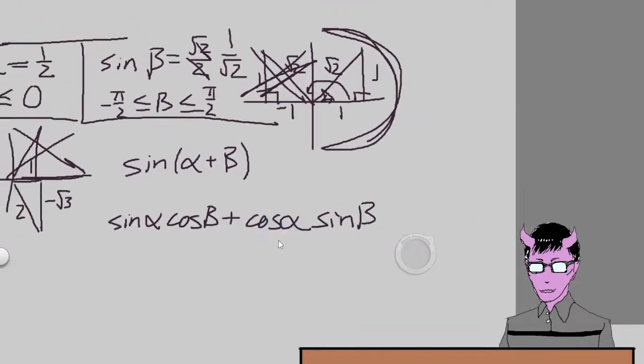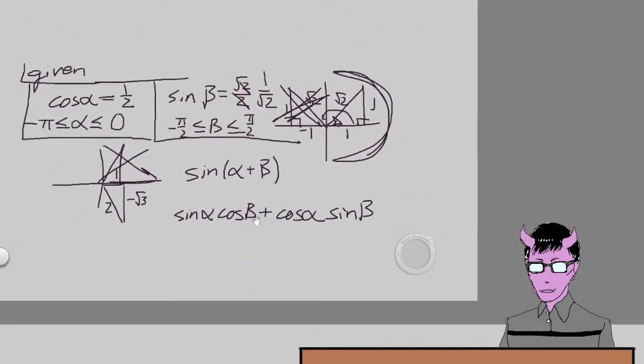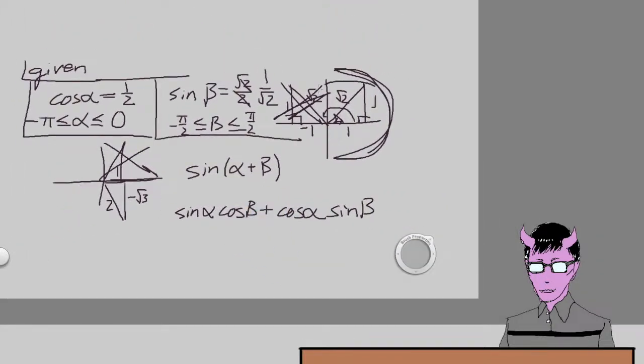And of course we already sketched out the handy dandy reference triangles. We're referencing this one and that one. So sine of that, negative root 3 over 2, and then cosine of this one, cosine of back to that, and then sine of that nonsense.